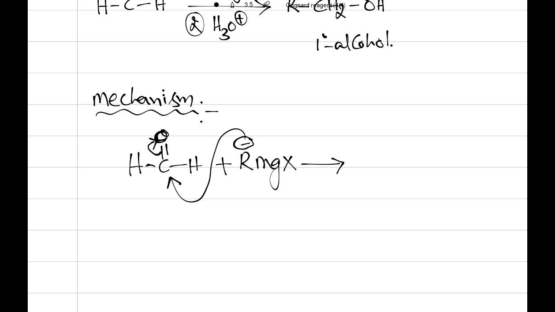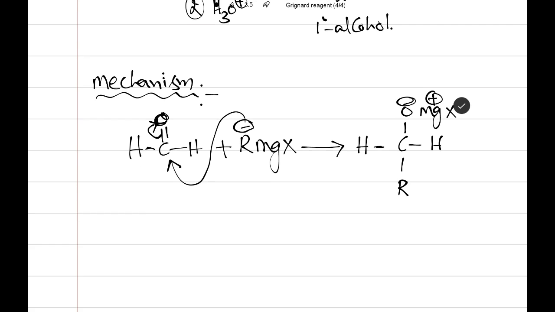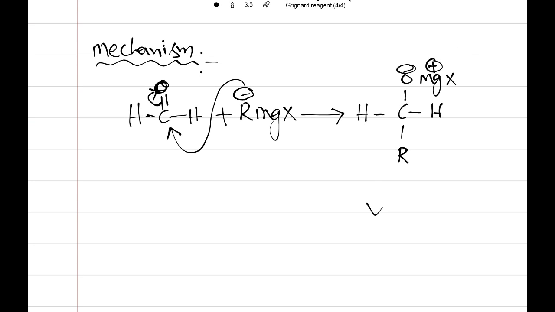Now what formation takes place here? Look at this carefully. HCO minus, and the carbon is attached to the R group, on the other side is also hydrogen, and this O minus is attracted by the MgX, the charge of magnesium being positive. Now in the second step, this undergoes hydrolysis.